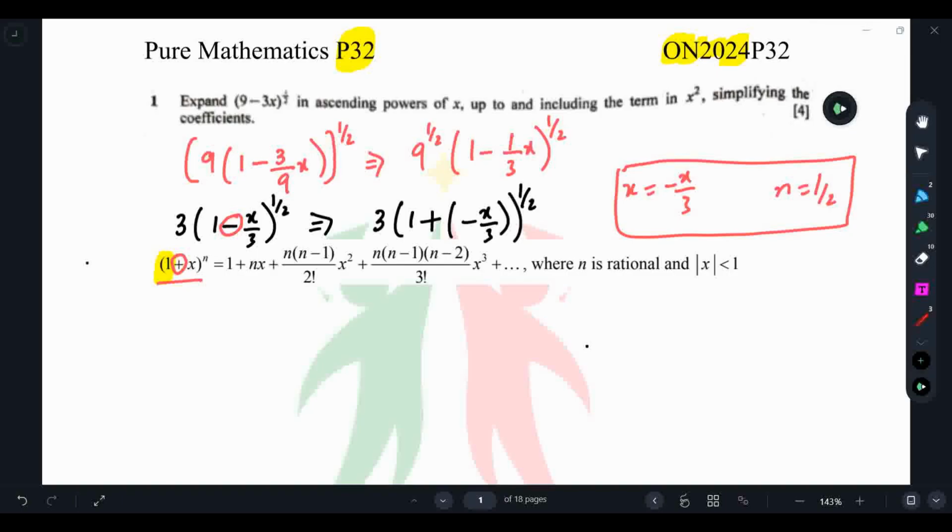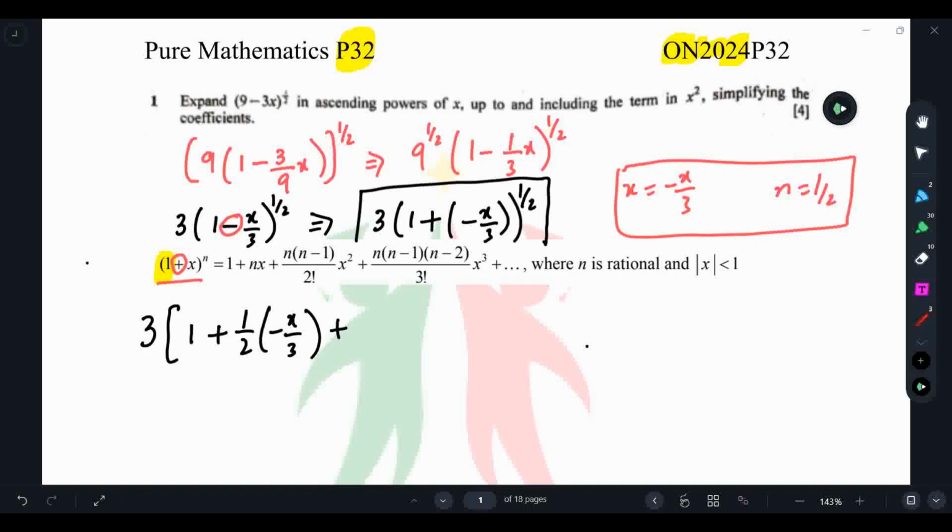Now this will be equal to 3 into, and we can use the binomial expansion here. We are just expanding this form. So 1 plus nx, where n is 1 by 2 and x is minus x by 3.